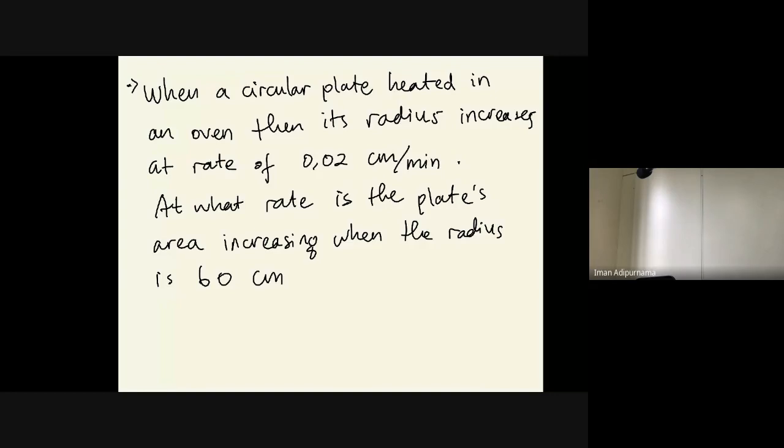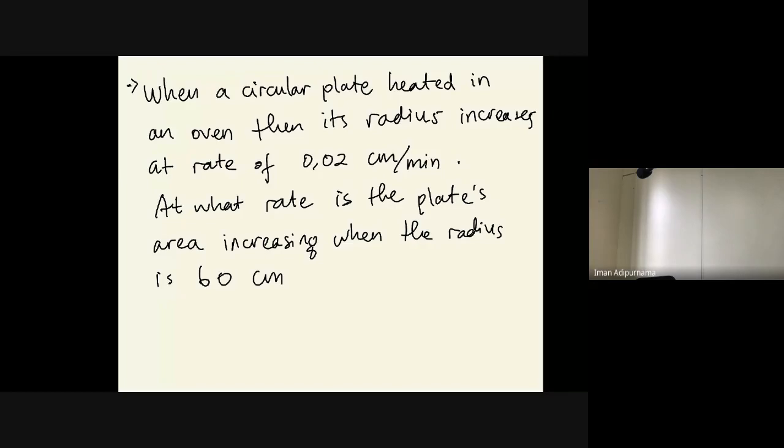You have the rate of the radius, so the radius will increase at that rate, and the question is, at what rate is the plate's area increasing. So the question is asking about the area. You have the radius, and you are asked about the area.